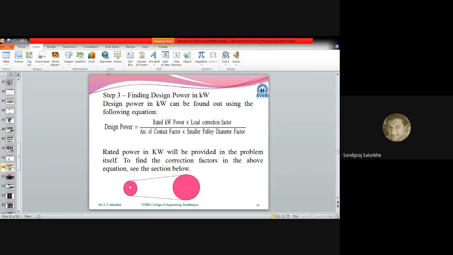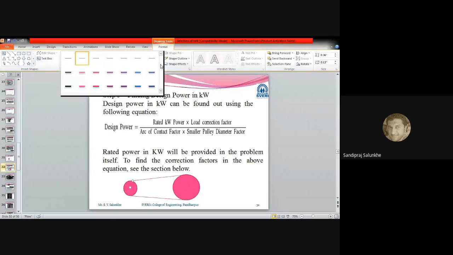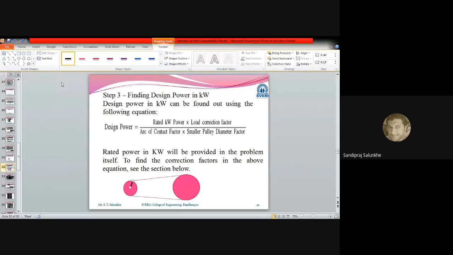From here, I'll change the color of this. From here to here.